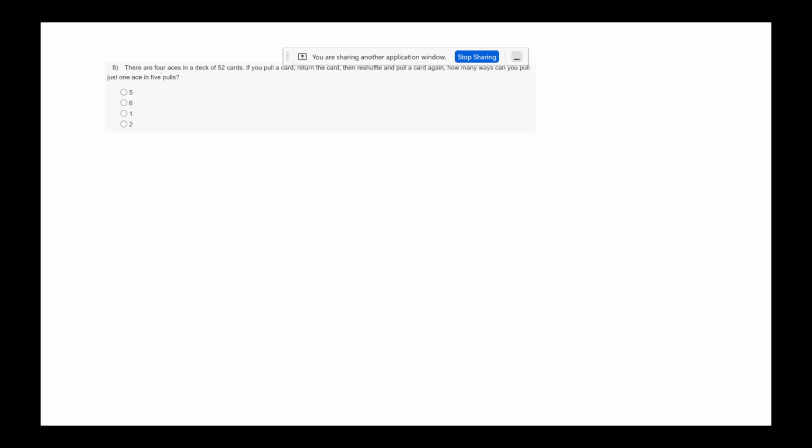There are 52 cards and 4 aces in the 52 cards. If you pull a card, then return the card, then reshuffle, how many ways can you pull? I think 5 ways. Can I explain? Yes. So 5 ways.